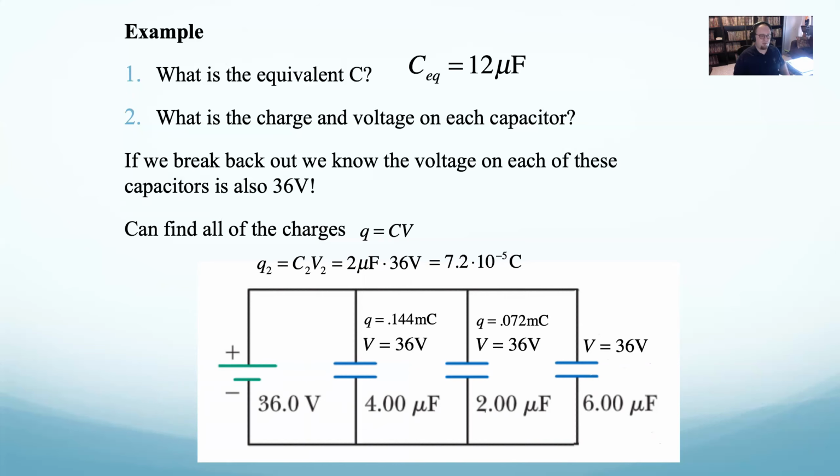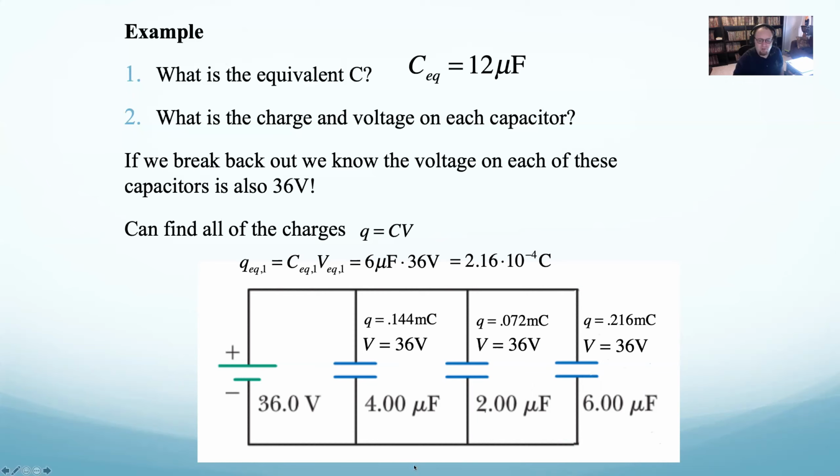There's the charge on the second one. Charge on the third one is 6 microfarads times 36. But I'm going to stop there because we didn't have one capacitor at the end.